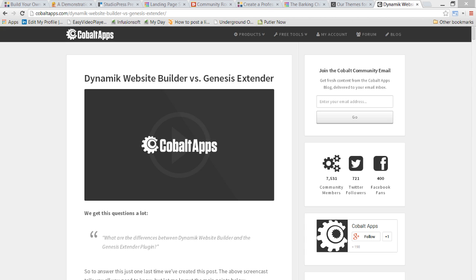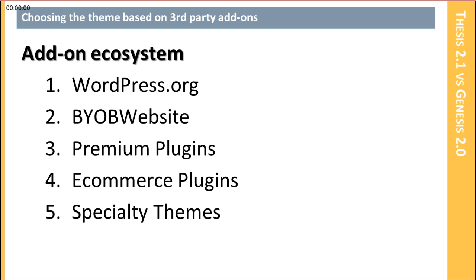Now, while we're talking about that, we also should be talking about e-commerce plugins, because e-commerce plugins sort of fill a special role in the WordPress world, in that because they are so complex, they often use their own templating system in order to function properly.